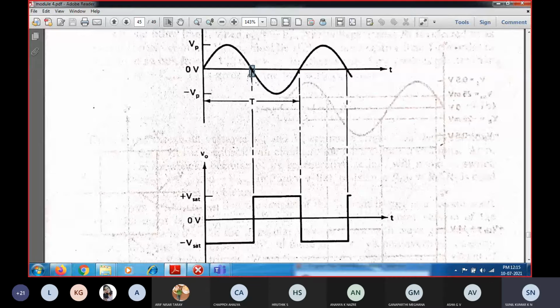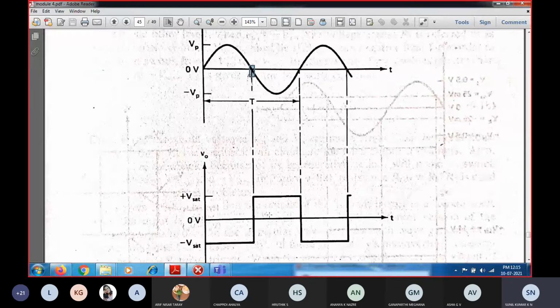Whenever the input signal crosses zero, from the positive peak to the negative peak or negative to positive peak, the output is going to detect it. Detecting in the sense that it switches from one saturation to another saturation. So this is an example of a zero crossing detector.